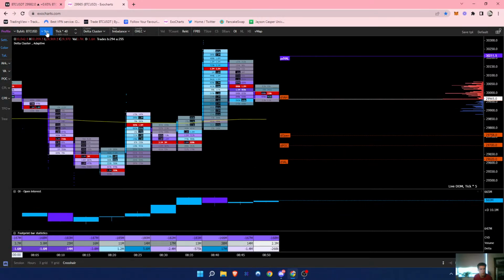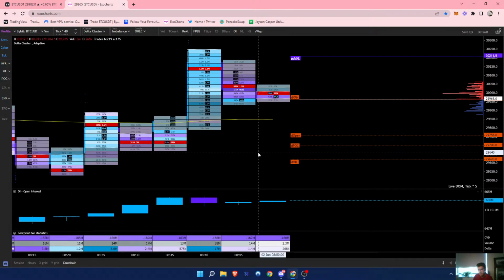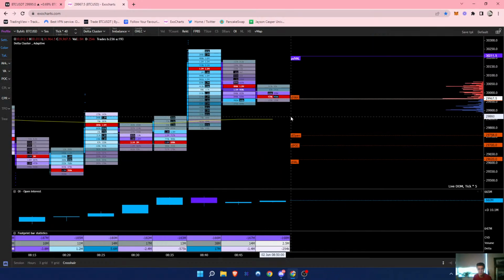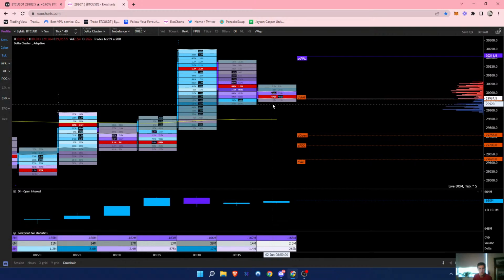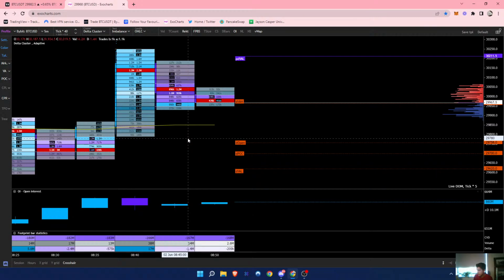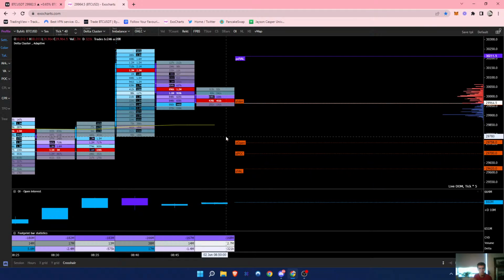However, we're just reversing off of that previous day valley area. Again, this is a scalp that I said to do about 10 minutes ago.